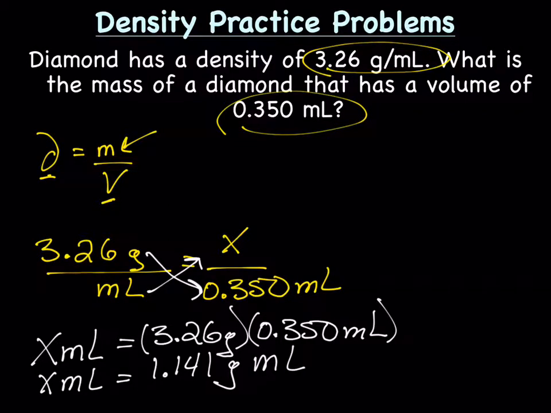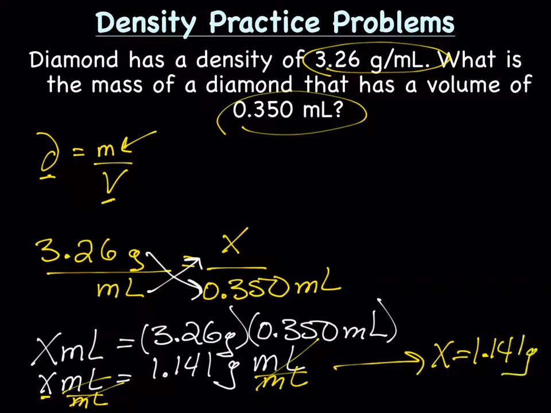All right, so what I did to get this number was to multiply these two, right? So now what we need to do is get the x by itself. So I'm going to divide both sides by milliliters, leaving us with a mass of x equals 1.141 grams. And then once again, our last step is sig figs.